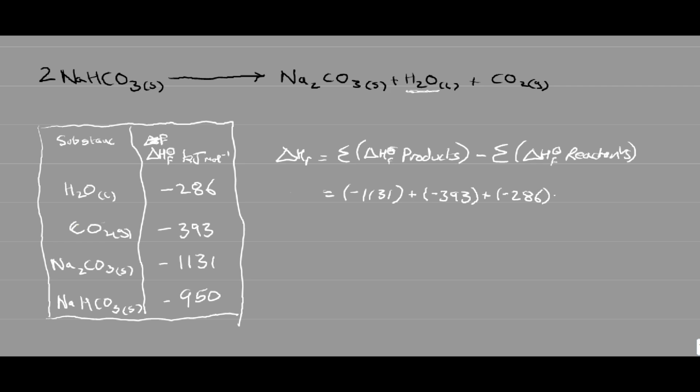So let's add the reactants minus, and we have two equivalents of sodium hydrogen carbonate. So we're going to put a 2 here, minus 950. So we could just either plug all of that into a calculator, or we could simplify it first.